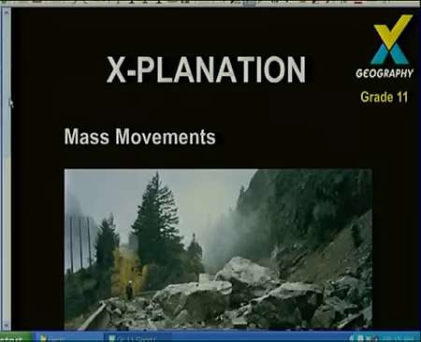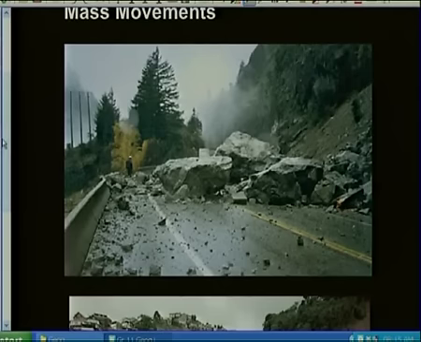So, let's begin with what is a mass movement. If we look at the following photographs, you will note the following, and these are common occurrences in South Africa. Aspects like rock falls, where great masses of rock material break away from their parent rock.